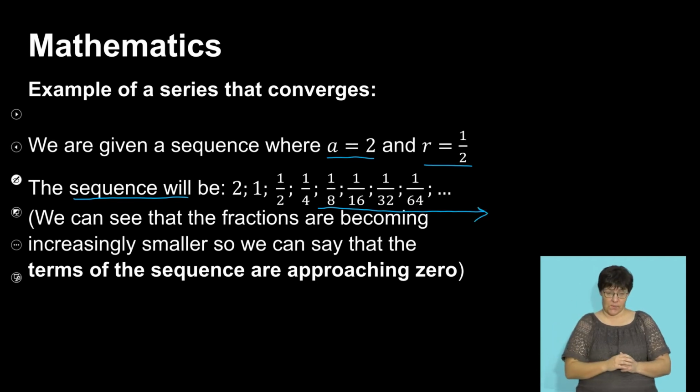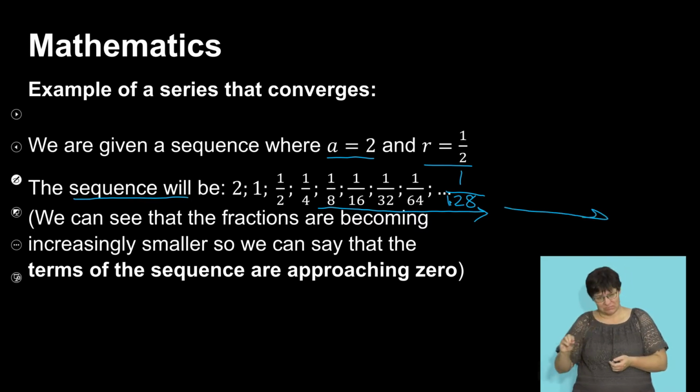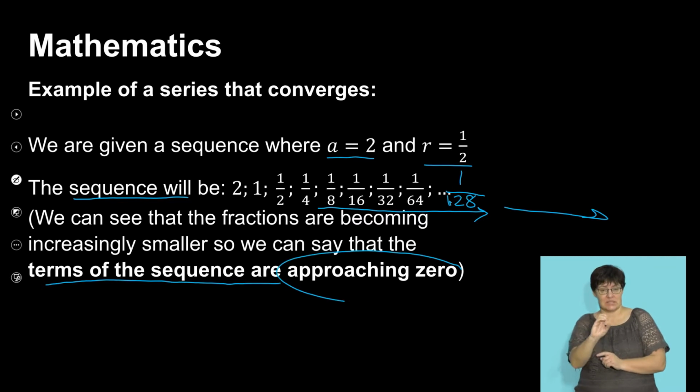We know that nobody wants 1/64th of a cake. We want half a cake or a quarter of a cake. If I then come and say you're going to have 1 over 128th of a cake, no one's going to be happy with that. But if these fractions continue on and on, they're going to get closer to zero. So we can see that the fractions are becoming increasingly smaller, so we can say that the terms of the sequence are approaching zero.